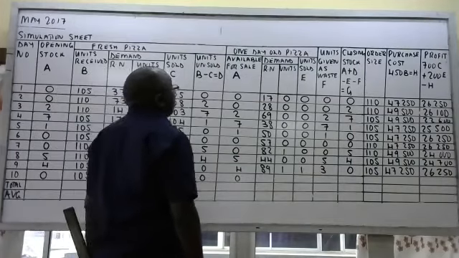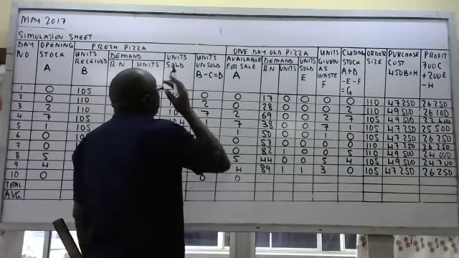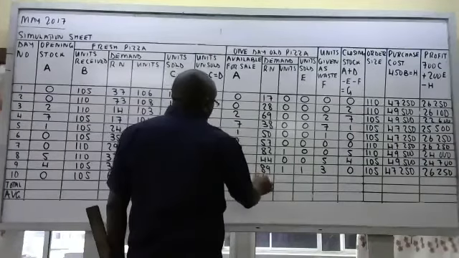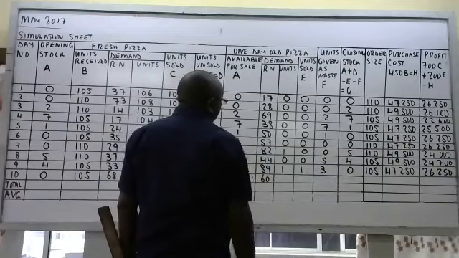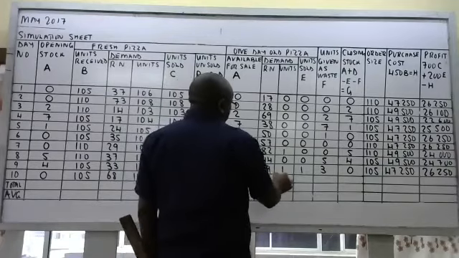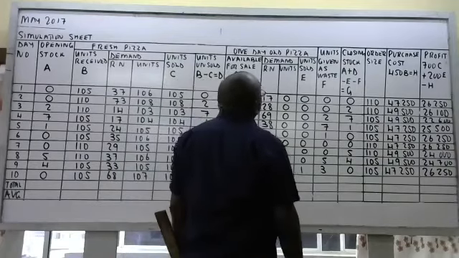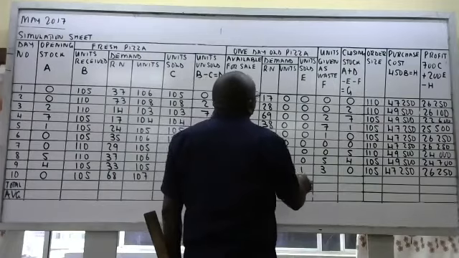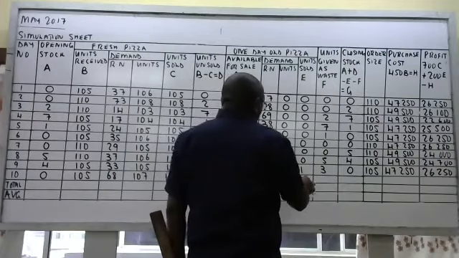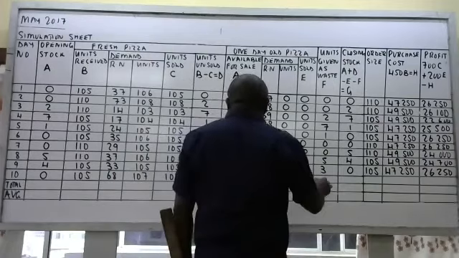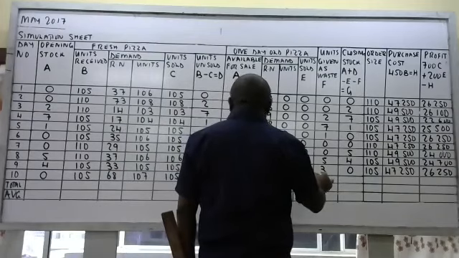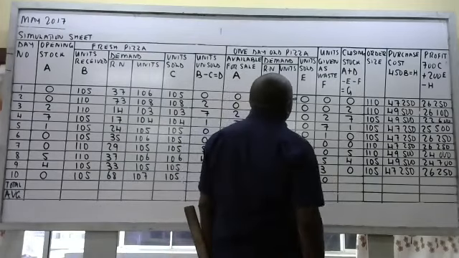Random number for demand owed 60. How many units? 0. And the units unsold, but the units sold is 0. The ones we throw away, they are also 0.